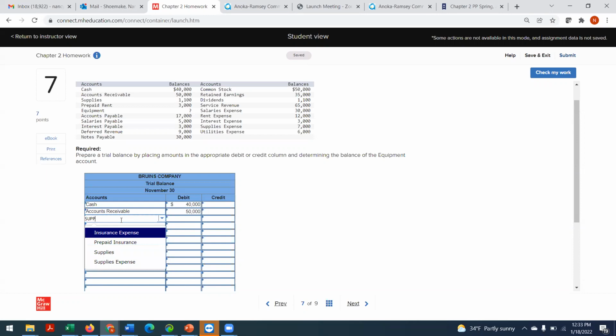Our supplies are sitting at 1,100. Our prepaid rent is sitting at 3,000. The equipment, we don't know yet.